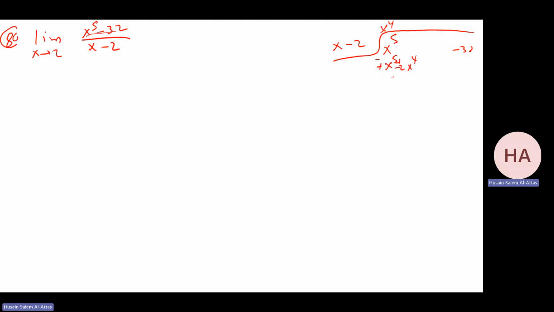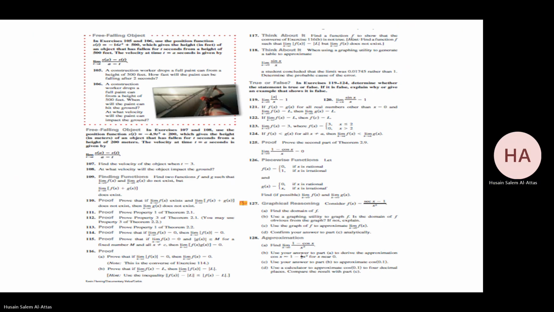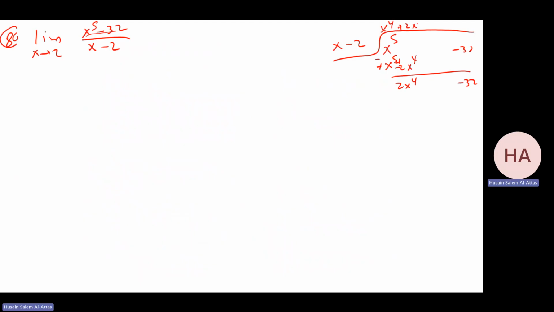This is minus, so this will be plus. So you have 2x to the power 4 minus 32, divide, plus 2x cubed. Multiply: it will be 2x to the power 4 minus 4x cubed.